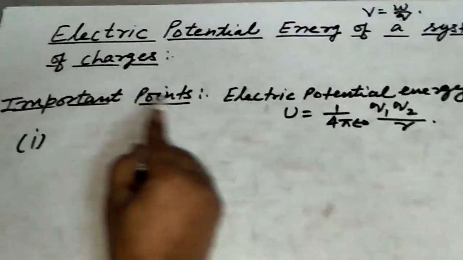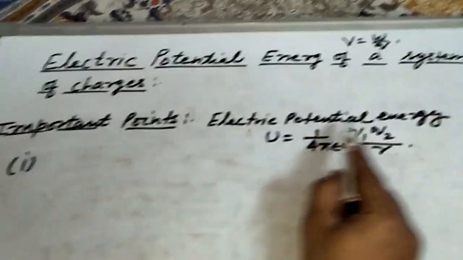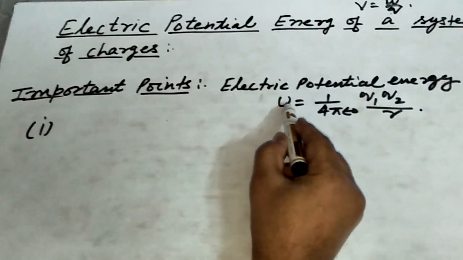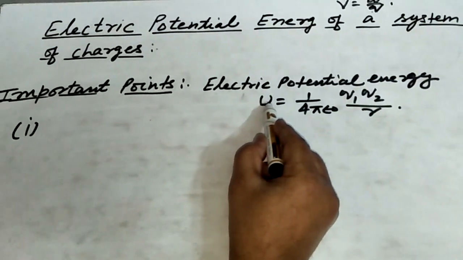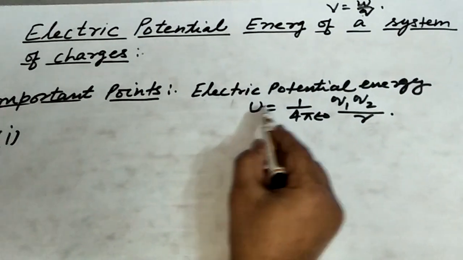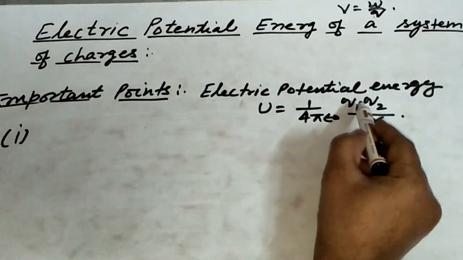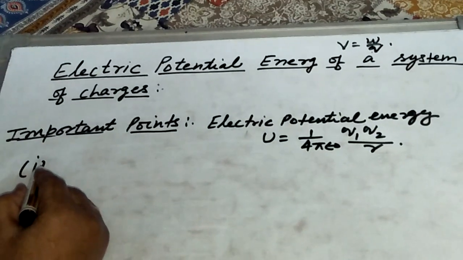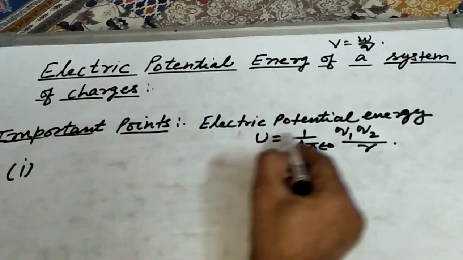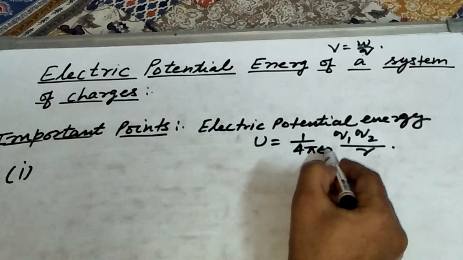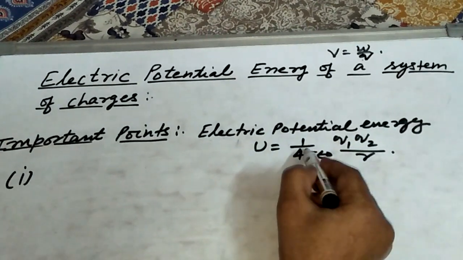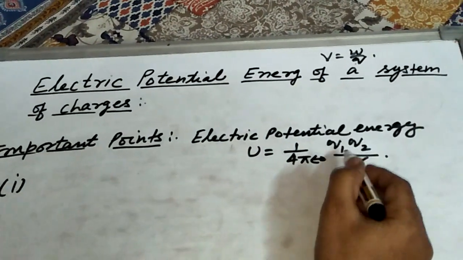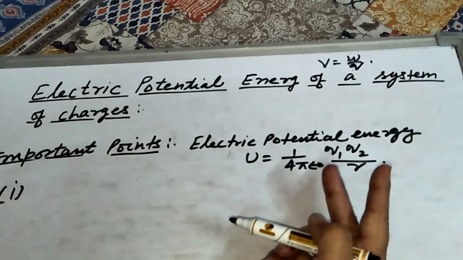Now, some important points regarding this electric potential energy. You know the formula for the electric potential energy of a system of two charges: 1 upon 4 pi epsilon naught Q1 Q2 upon r. The first important point is that in this formula, U is equal to 1 upon 4 pi epsilon naught Q1 Q2 by r, we apply for a pair of charges.